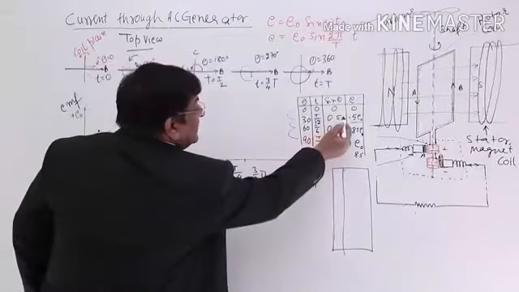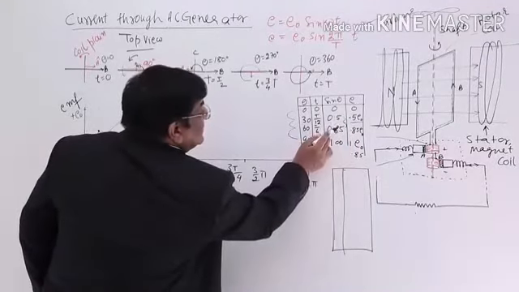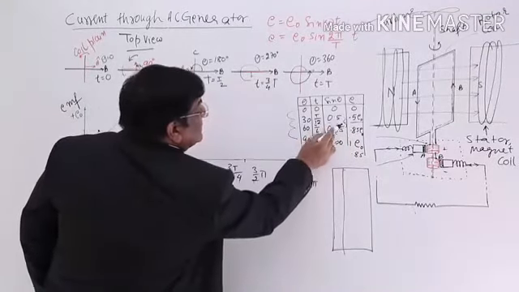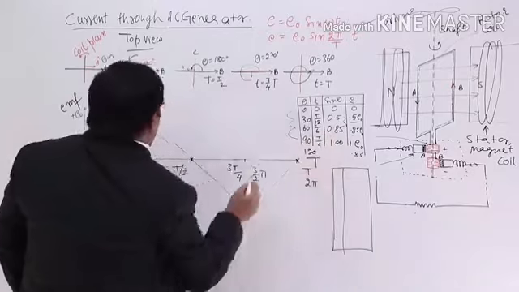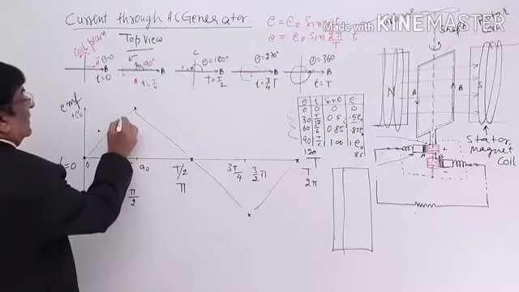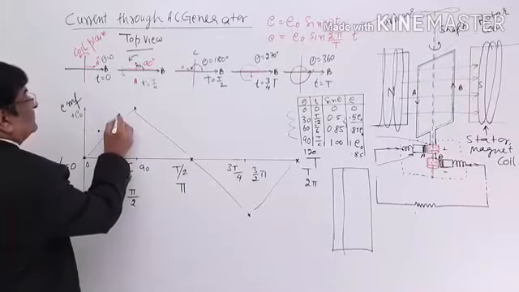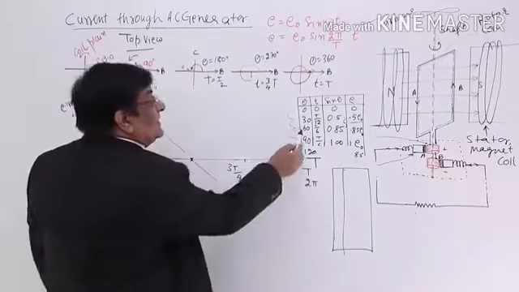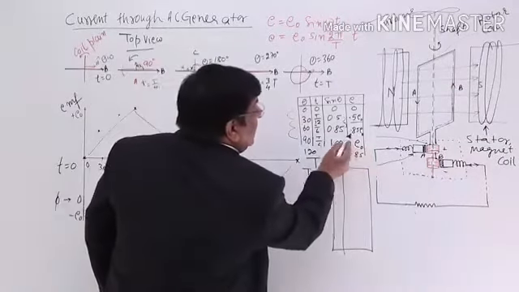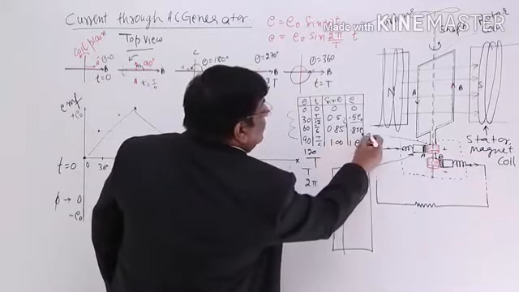In the next 1/3 rotation, it achieves 0.85, which is 0.35 more. And in the last 30 degree, it achieves only 0.15.